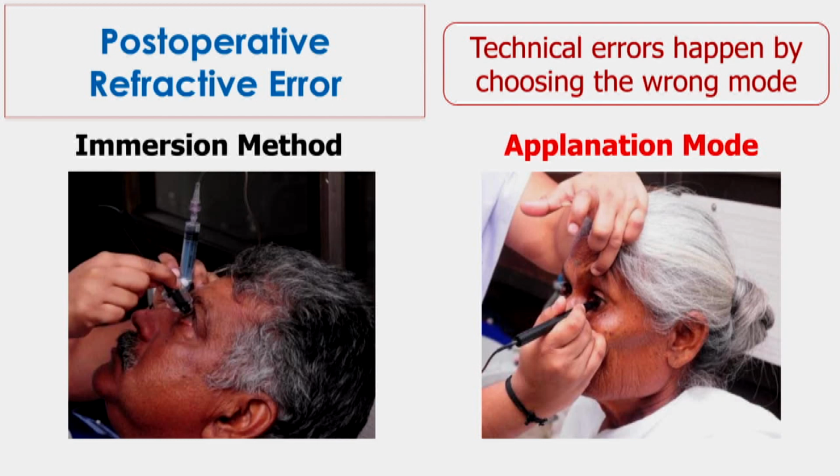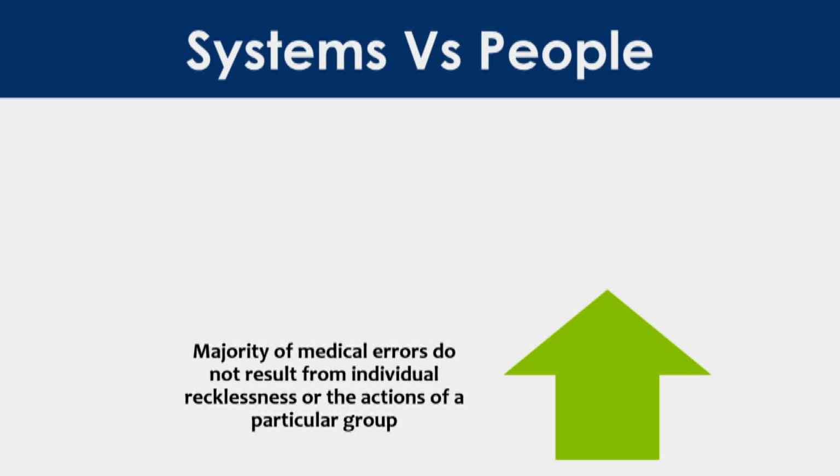That lack of understanding that if you're using immersion mode, you have to also use that particular mode, was not conveyed at that point of time. There was a lack of training which led to that particular error.